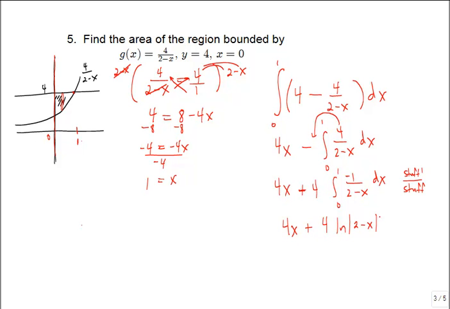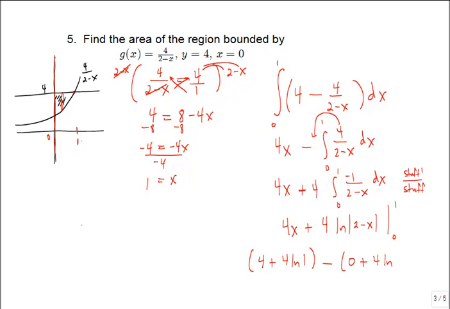So now that we have our antiderivative, let's use our bounds and plug them in. If I plug in 1, 4 times 1 is 4. Then I'm going to get 4 times the ln of 2 minus 1, which is 1. So this will be the ln of 1. Then I want to subtract from that the 0 plugged in. 4 times 0 stays 0. And then this will be 4 times the ln of 2 minus 0, which is 2.